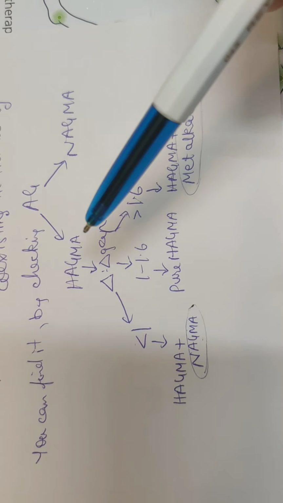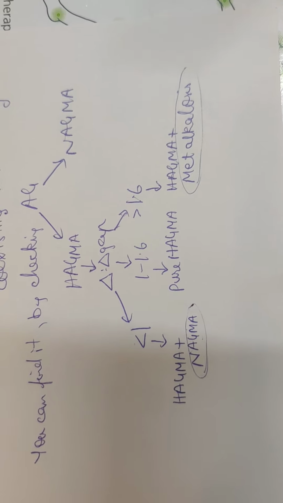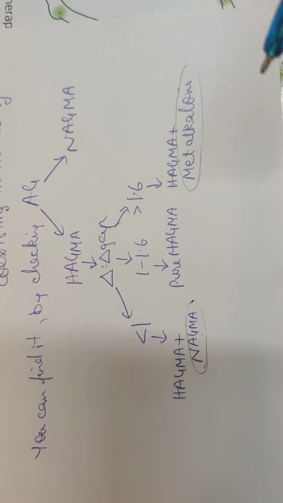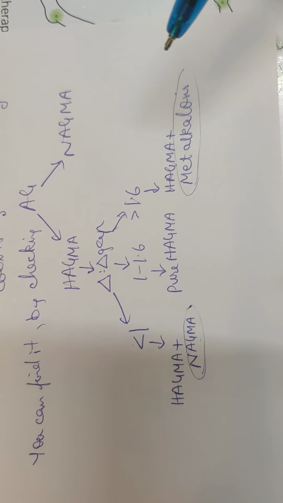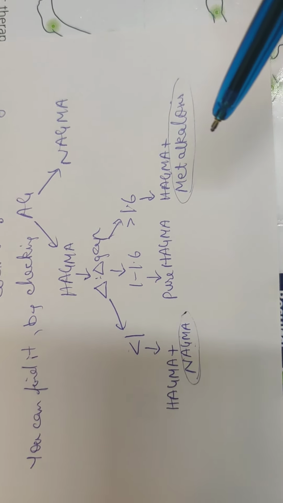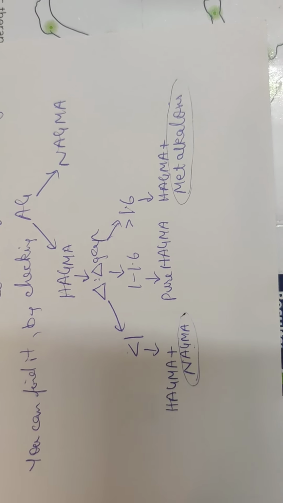If HAGMA, which is high anion gap metabolic acidosis, has a delta gap of less than 1, we say that the person has HAGMA plus a normal anion gap metabolic acidosis.